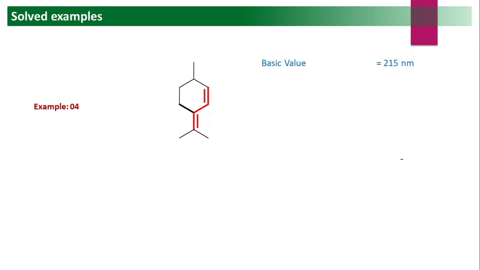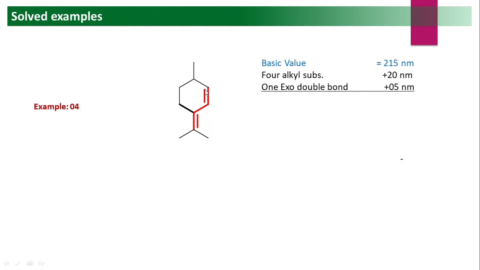And how many R substituents? So see here, 1, 2, 3 and 4 R substituents. So for 4 alkyl substituents, 4 into 5, 20. You have to add the 20 value. This double bond is exo to this ring.